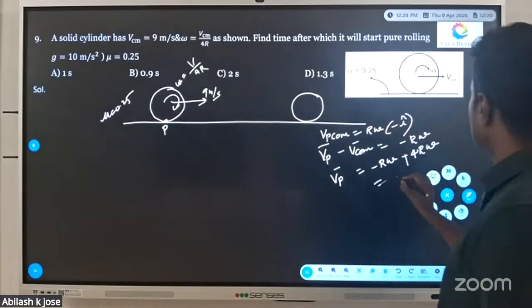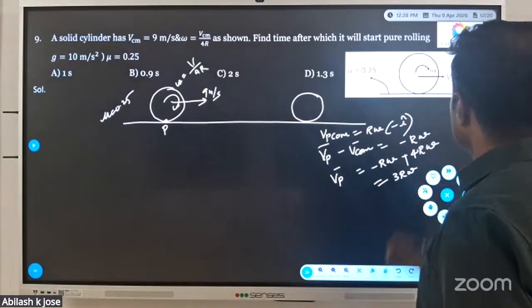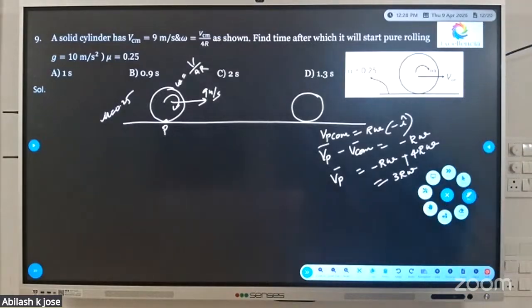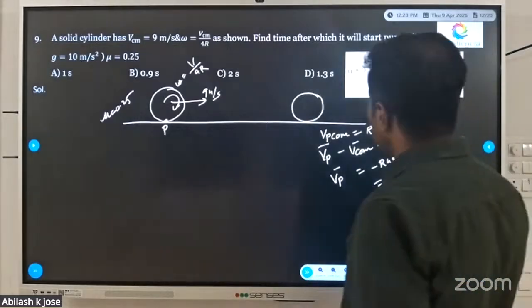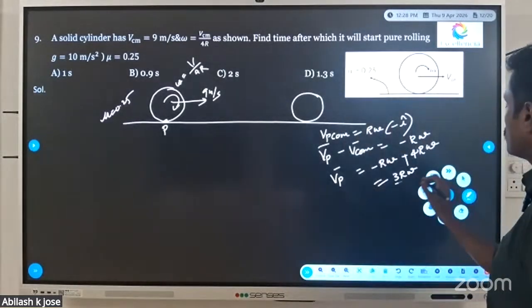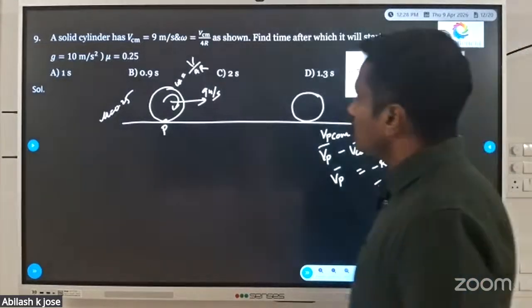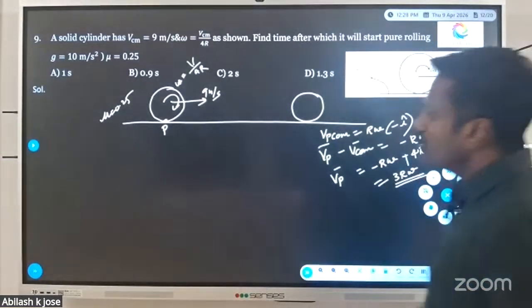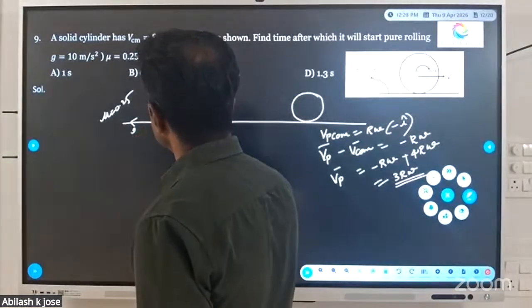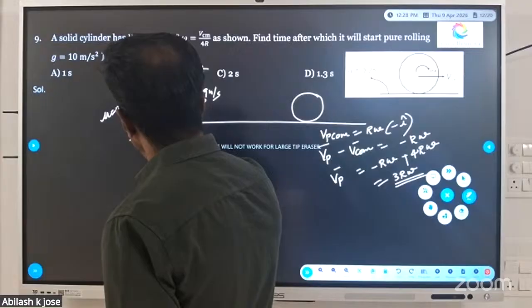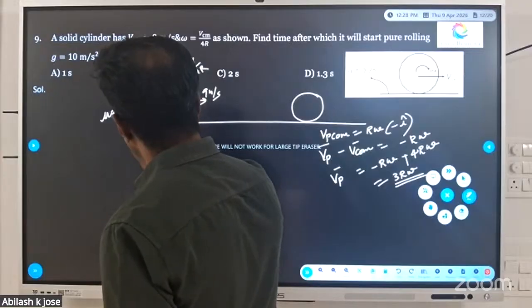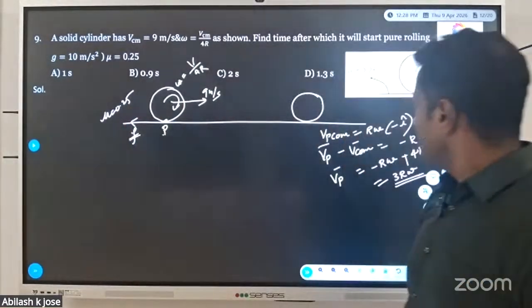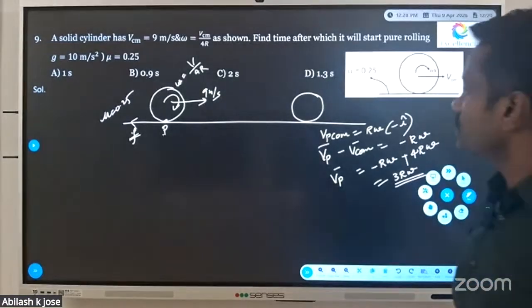So we can see that this is the forward direction. Velocity of center of mass is in the forward direction, velocity of the point P is in the forward direction. Right? So obviously to stop the point P, the friction should be in the backward direction. This is the direction.